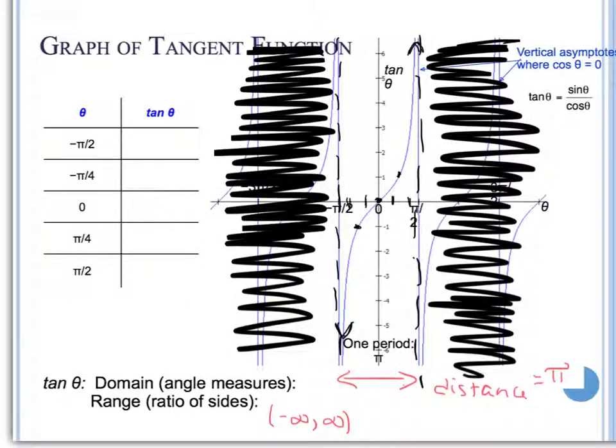At every pi over 2, I have a problem. But it's not just at pi over 2. It's every single pi over 2.